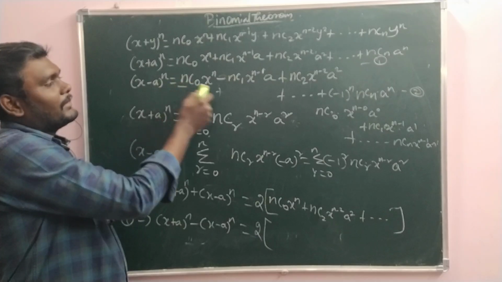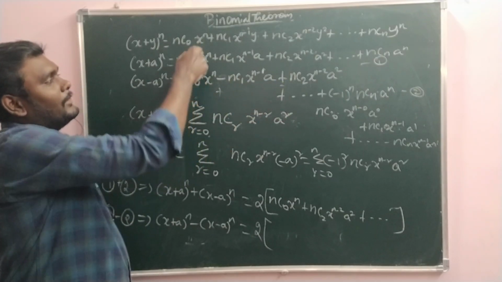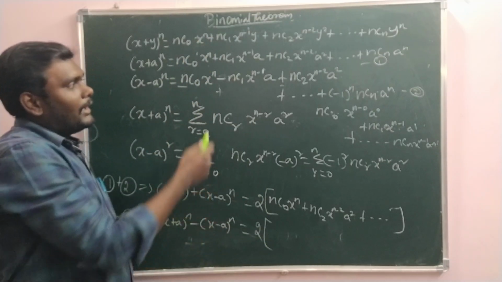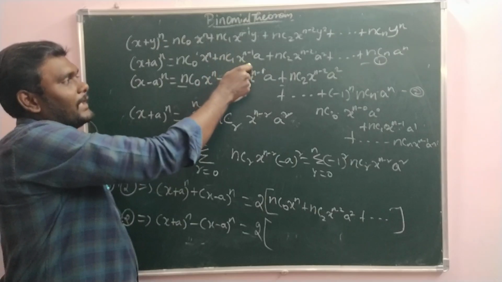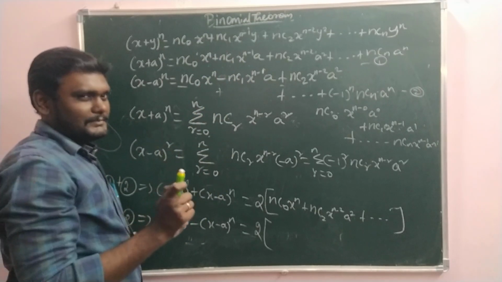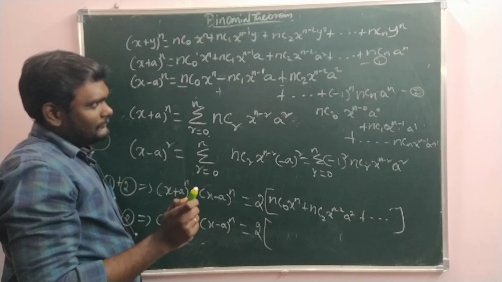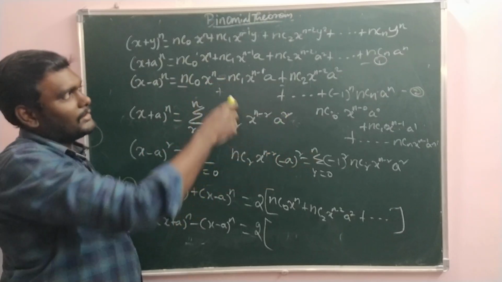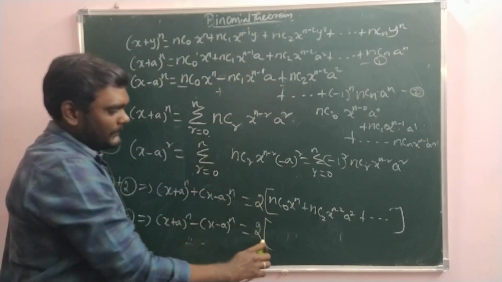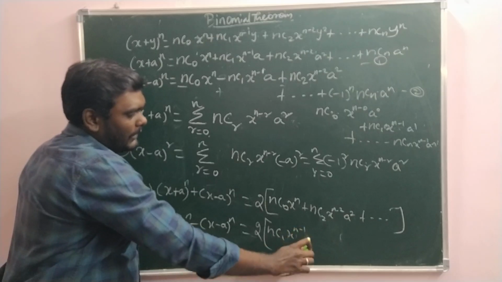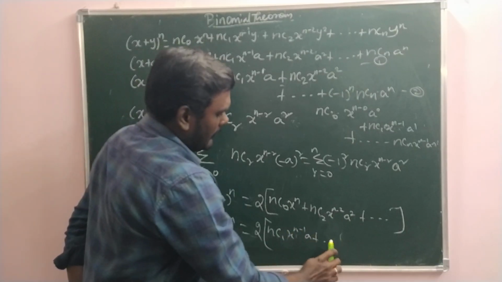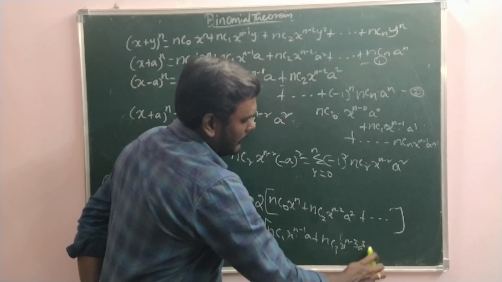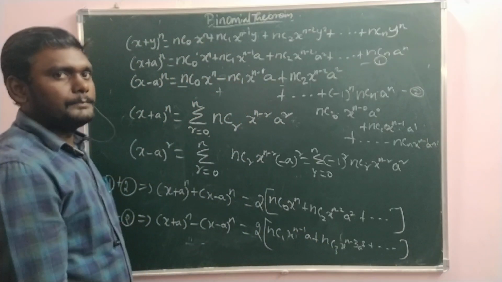These even powers will become minus, and these two are like terms having the opposite sign, so they get cancelled. All the even powers get cancelled and odd powers will be staying. Even powers will vanish, odd powers will be there, like nC1 x power n minus 1 into a plus nC3 x power n minus 3 into a cube plus and so on. Okay.